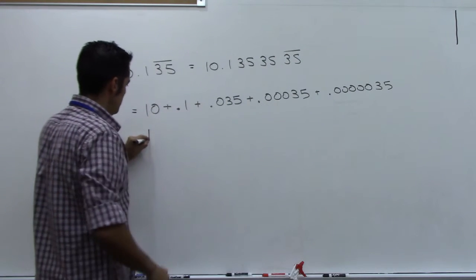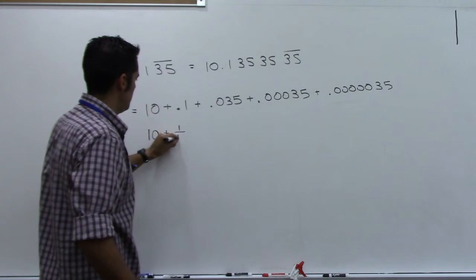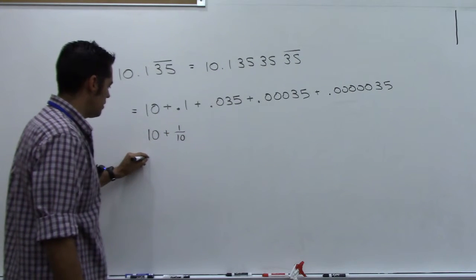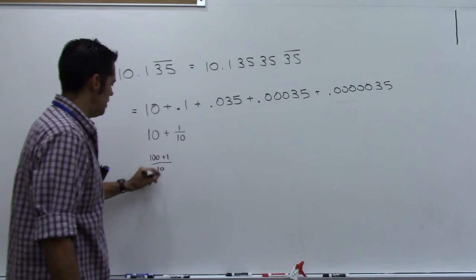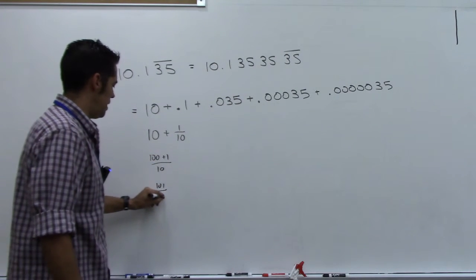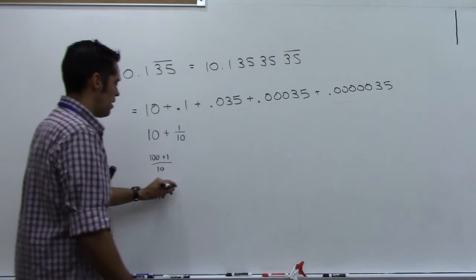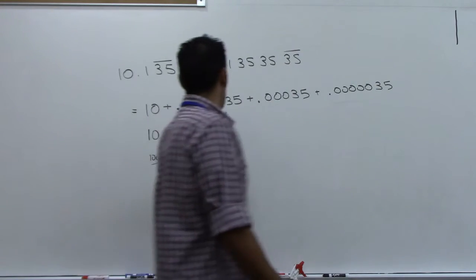This is 10 plus a tenth. Common denominator there, 100 plus 1 over 10. That's 101 over 10. So that's this part. That'll carry with us the rest of the way. This part, you have to be careful.